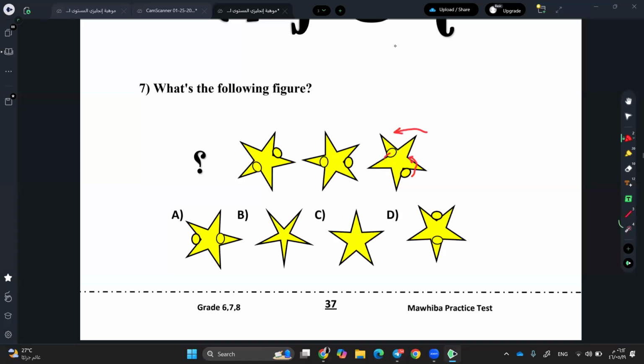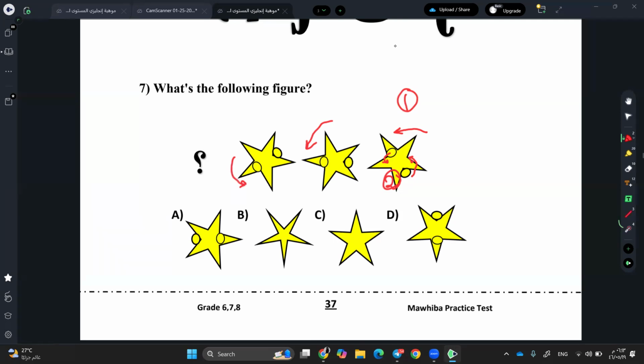And you can see that the pole outside will be at the corner, but the inside one will be inside. So let's focus here. First, we rotate it and we move the poles. Then we rotate it another rotation. It's going to be like that, and then we move the pole.